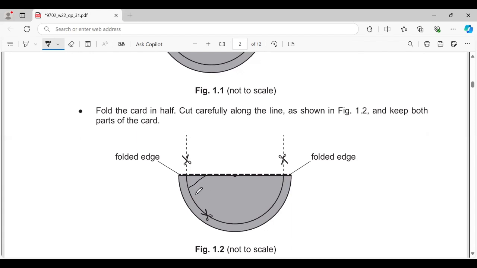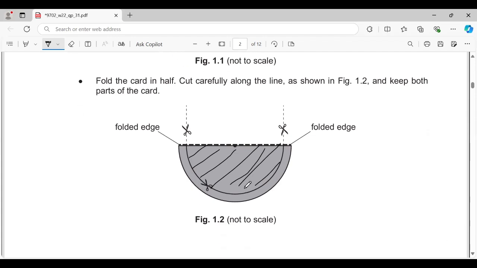So cut this, and we only need this part. Later we need the remaining part, but for the first step, we just need this one.